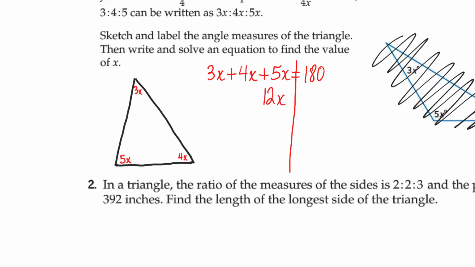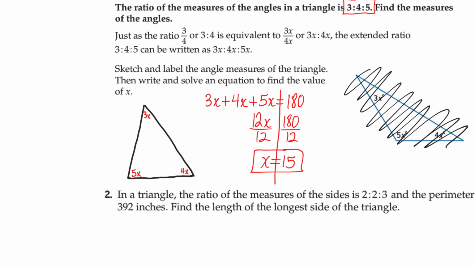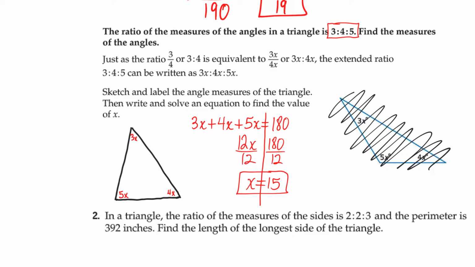So we get 12x equals 180, divided by 12. So up here in this ratio, it's 3 to 4 to 5. For every 3 parts here, it's 4 parts here, it's 5 parts here. So now I know what the parts means.